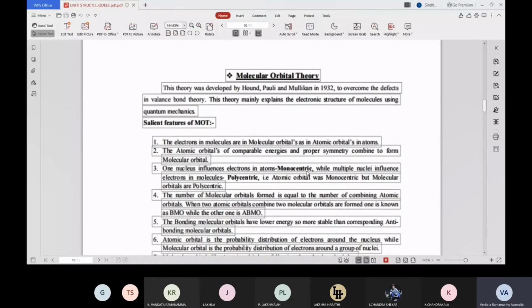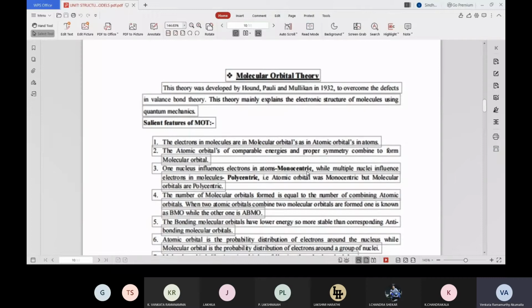Another one: the number of molecular orbitals formed is equal to the number of combined atomic orbitals. This is important. The number of atomic orbitals combining equals the number of molecular orbitals formed. Two kinds of molecular orbitals: one is the bonding molecular orbital, another one is the anti-bonding molecular orbital.